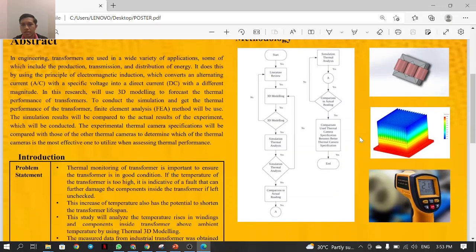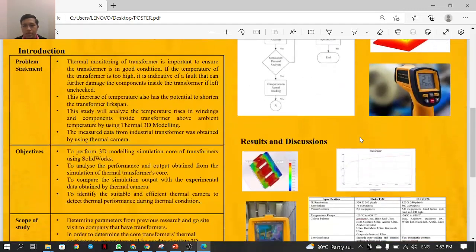And from that, we have the 3D modeling on the right side, and the thermal analysis we use is FEA, the finite element analysis method. And to compare the actual reading, we will use a thermal camera.